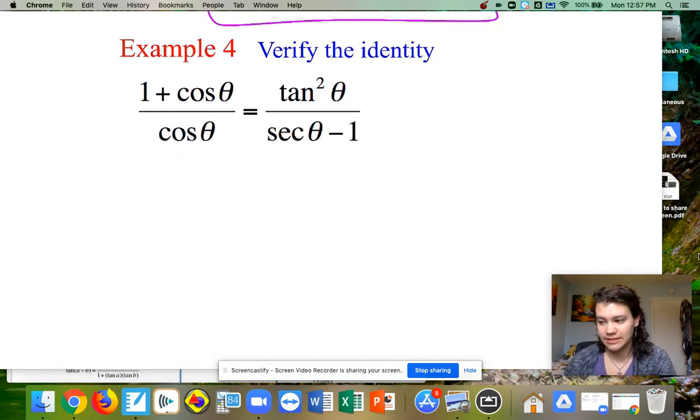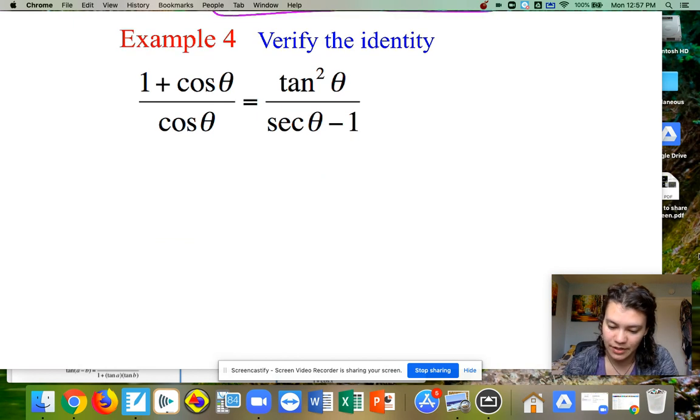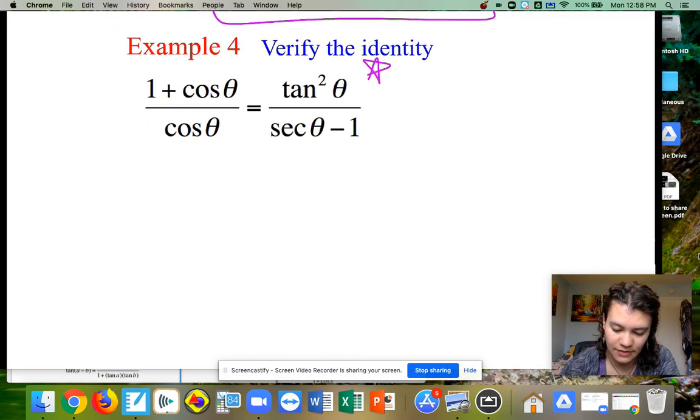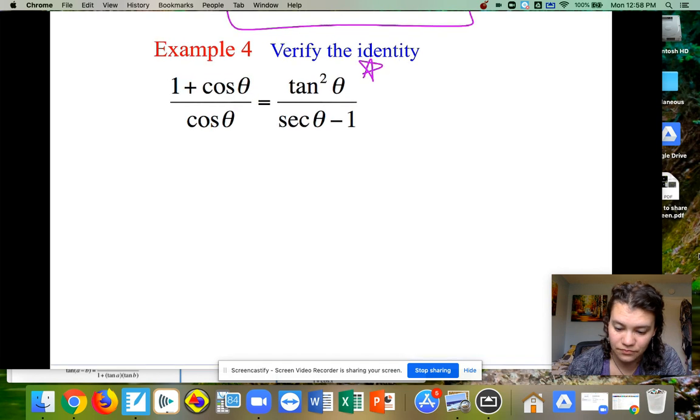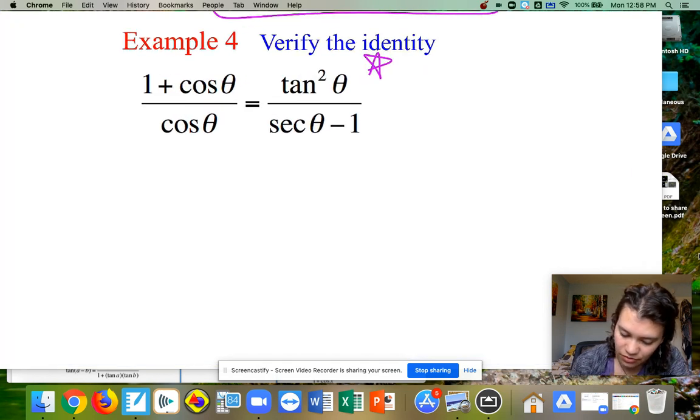So I believe this is the last example. So looking at this one, you want to decide what side to do. Again, they're both kind of similarly complicated in terms of fractions, but I'm going to start with this side because it has tangents and secants versus sines and cosines. So we'll move it over here so I have more space.